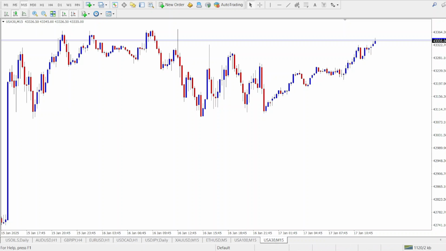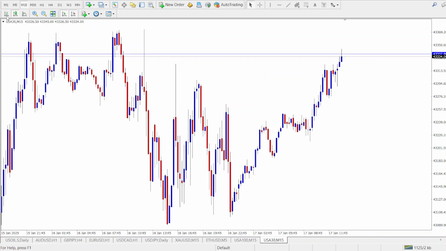So first things first, let's quickly define scalping.